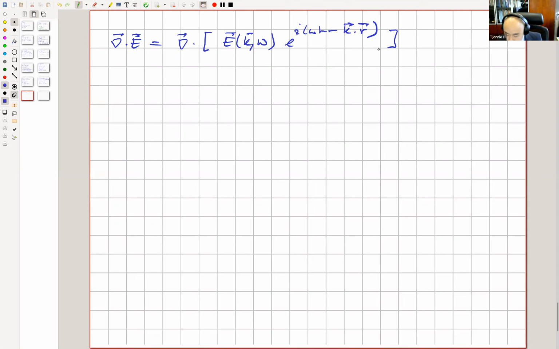And so we can simply write this as a partial by partial r, but in a vector sense. What comes out here is, in this case, a minus i k dotted with E(ω) e^{i(ωt − k·r)}.